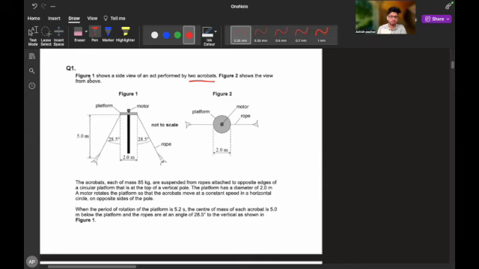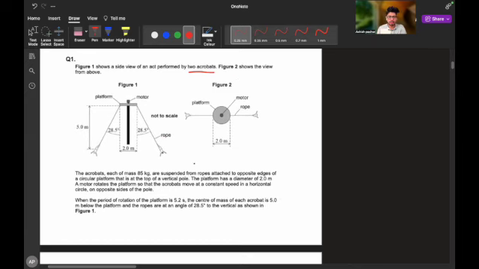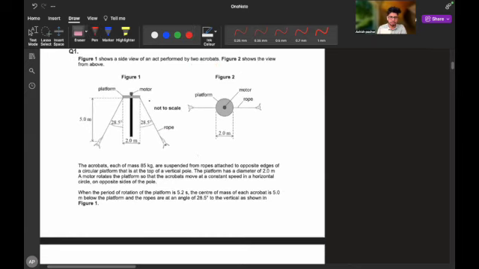As shown in the diagram below, if I try to explain, there are two acrobats. Each of mass 85 kg is suspended on a rope attached to the opposite edge of a circular platform, which is at the top of a vertical pole, and the vertical pole has a diameter.